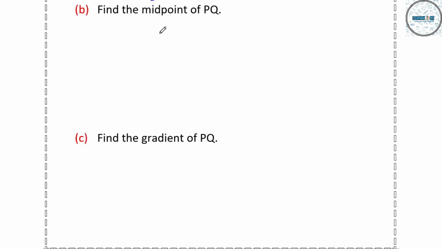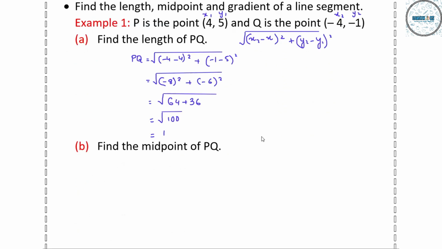Now we will take out the midpoint of PQ. The formula for the midpoint of PQ is ((x1 plus x2) upon 2, comma, (y1 plus y2) upon 2).